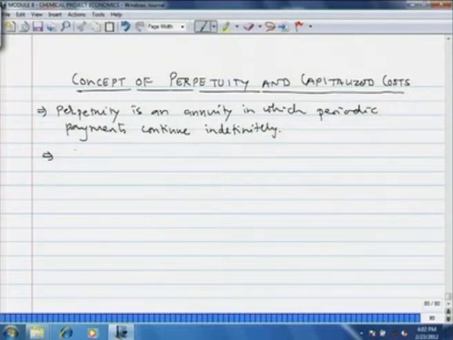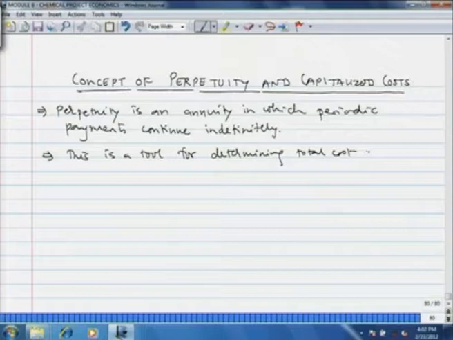Okay. So, that point we also note. This is a tool for determining total cost of equipment under conditions which permit asset to be replaced perpetually.